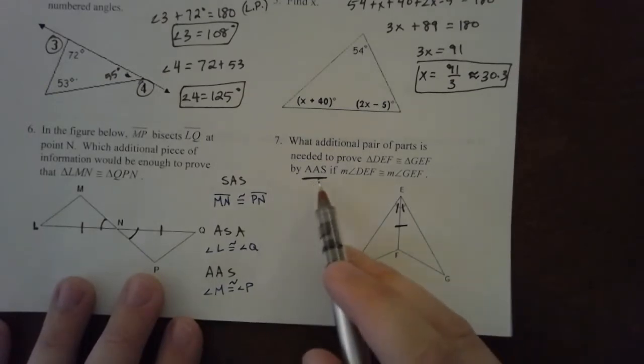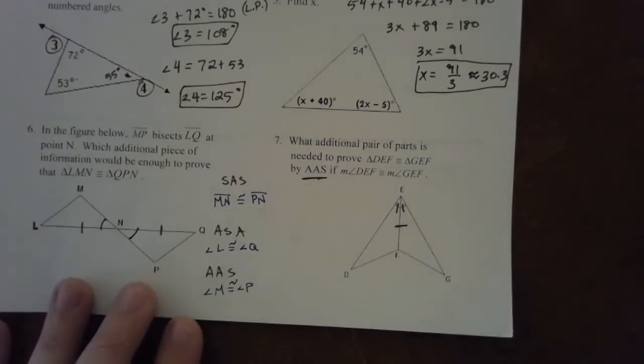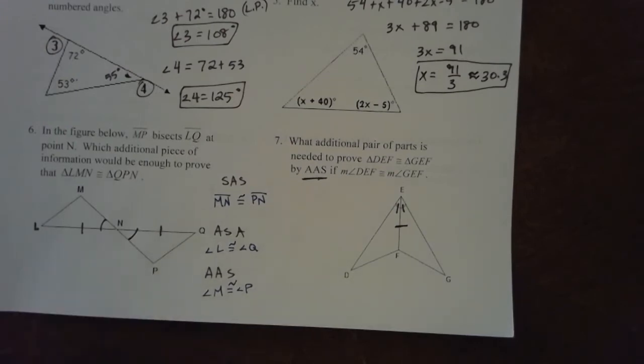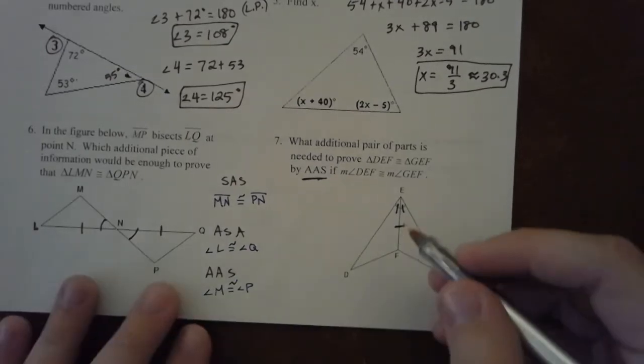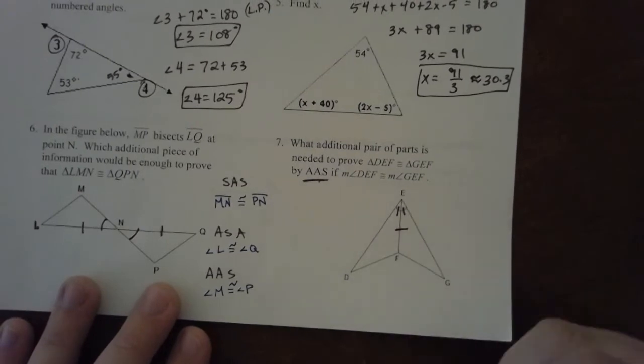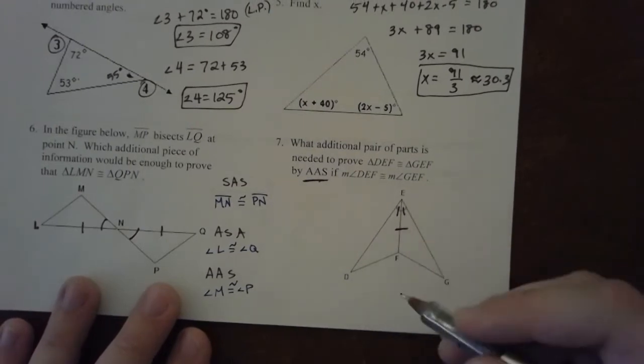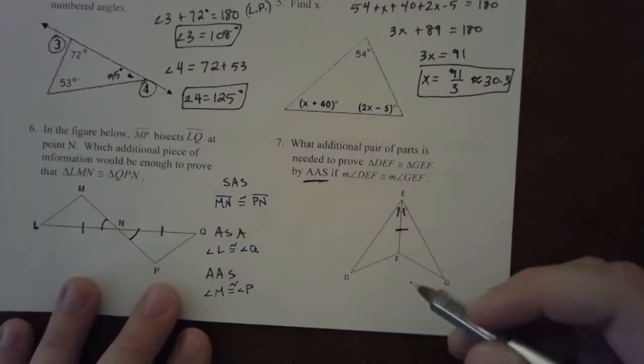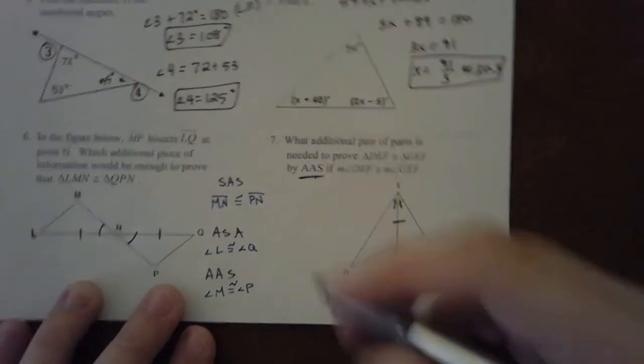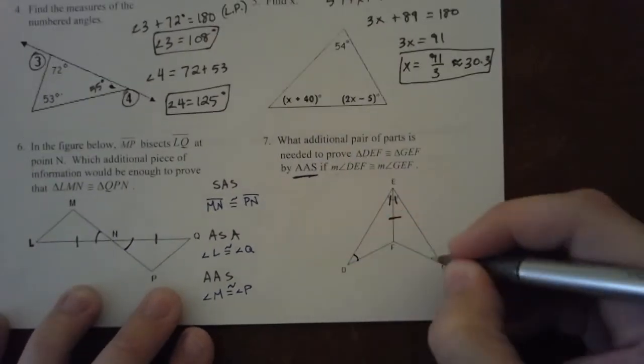For us to have angle side congruency, I need one more set of angles. But not only that, I need to have the correct set of angles, because one set of angles will give me angle side, and one set of angles will give me angle side angle. So for me to have angle side, what I'm looking for is another set of angles that isn't going to be on the same line as this congruent side. So the only pair that I can do is right here.